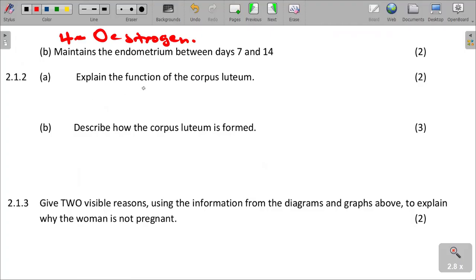And then explain the function of the corpus luteum. I have already answered something on it. Corpus luteum, what does it do?